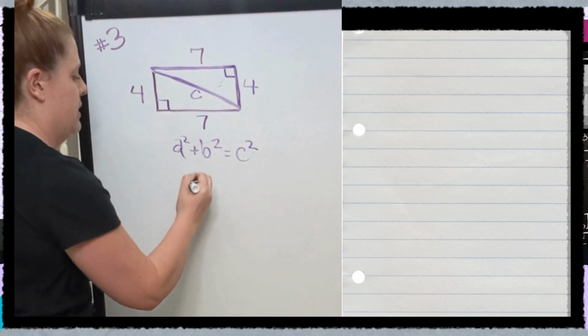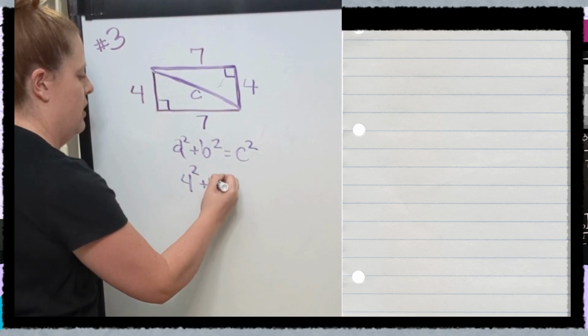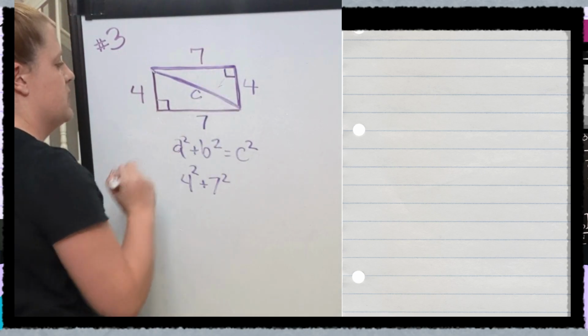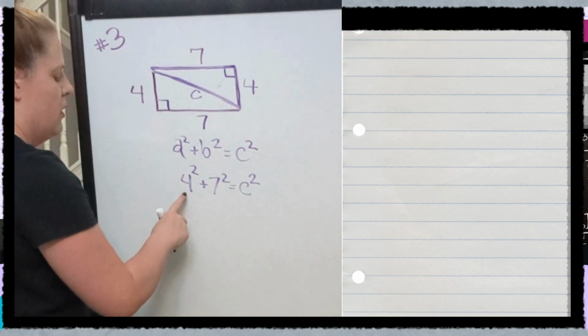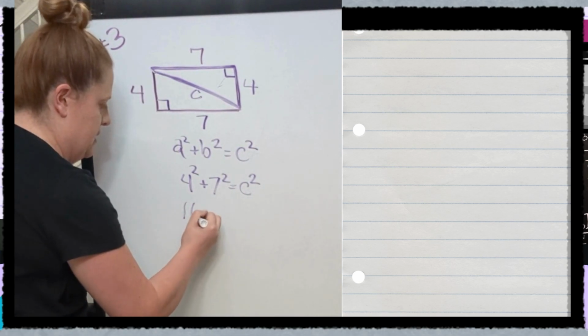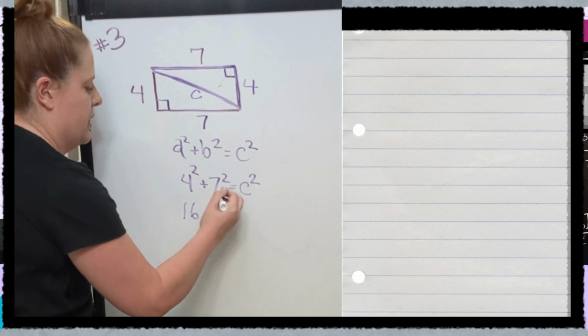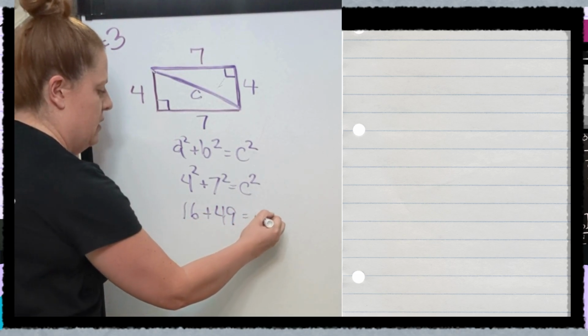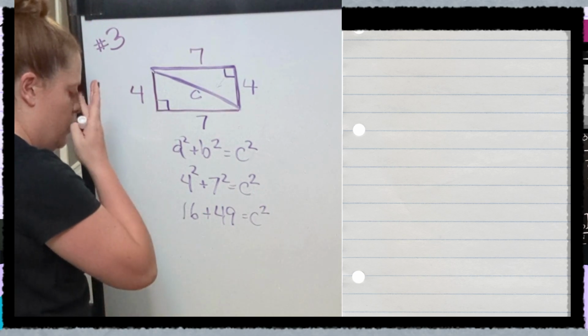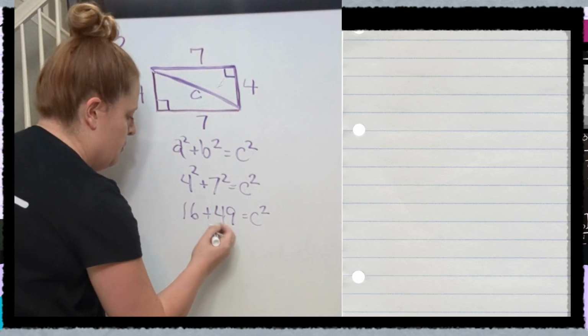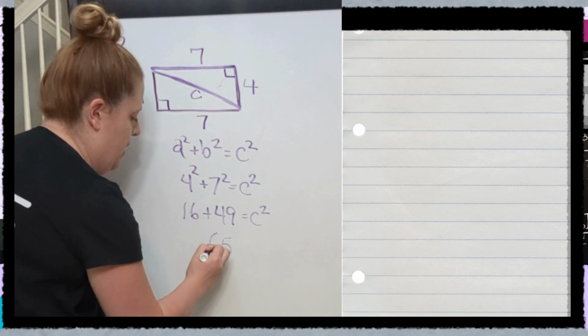A squared is 4 squared plus B squared. We're going to use our 7 equals C squared. 4 times 4 is 16, plus 7 squared is 49 equals C squared. When we add these up, we get 65.